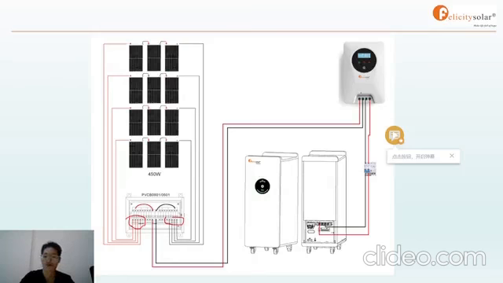Because the MPPT only has one positive and one negative PV input, you need to connect all the positive and negative terminals to one, to converge them, and then let them flow from there to there.